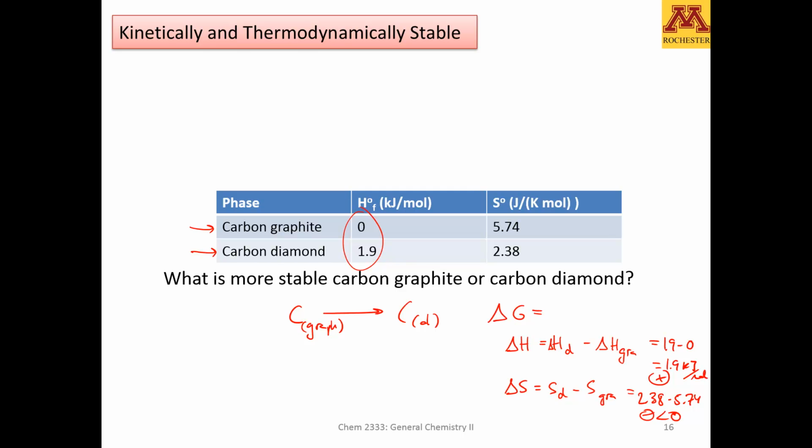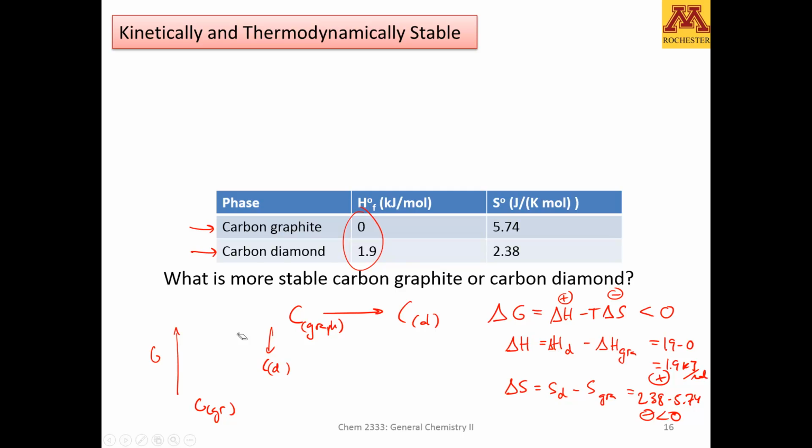In other words, notice that enthalpy being positive and entropy being negative, this delta G will always be positive. So if we were to plot the delta G in terms of carbon graphite and carbon diamond, carbon diamond is kinetically stable.